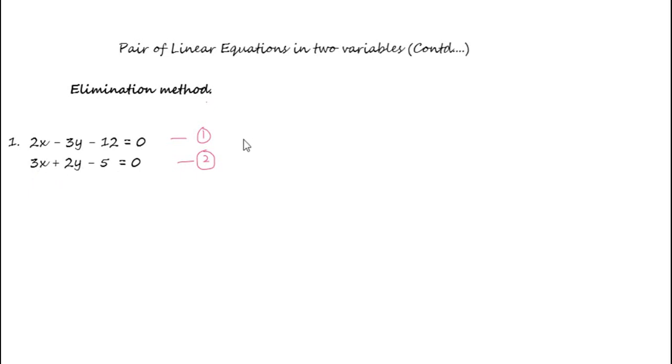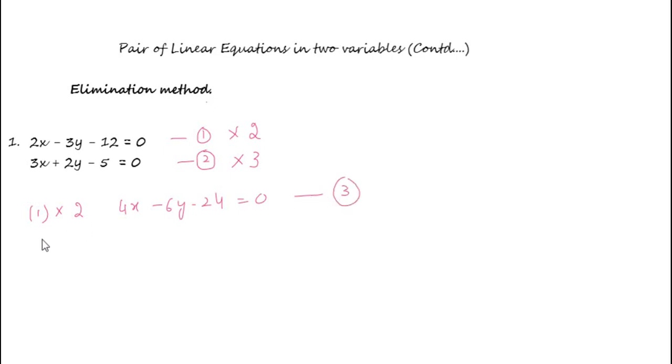So now let us multiply equation 1 by say 2 and equation 2 by 3. So equation 1 into 2 gives you 4x minus 6y minus 24 equal to 0. Let us call this equation 3.